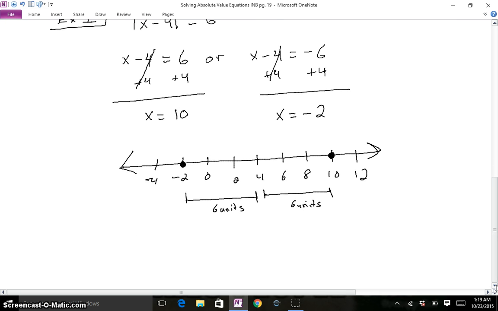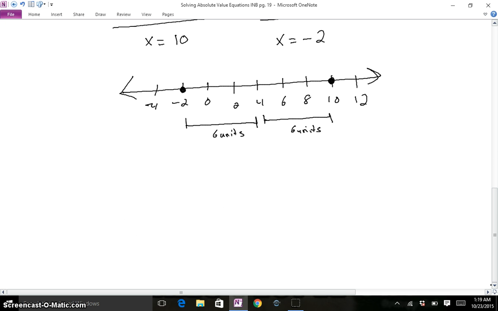Let's try another equation. Look at this possible equation. 3x plus 1, the absolute value of this, the absolute value of 3x plus 1 equals negative 5. So what did we do?